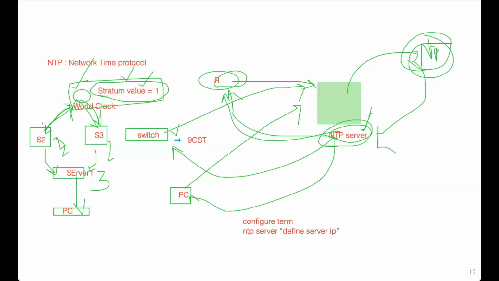Okay. If you want to use an authentication key, like a user or a password. For example, let's say there is a new device, a new PC, and we don't want that PC to get the time from one of our NTP servers. So to stop this PC from getting the time, we will put what, guys? Password protection.